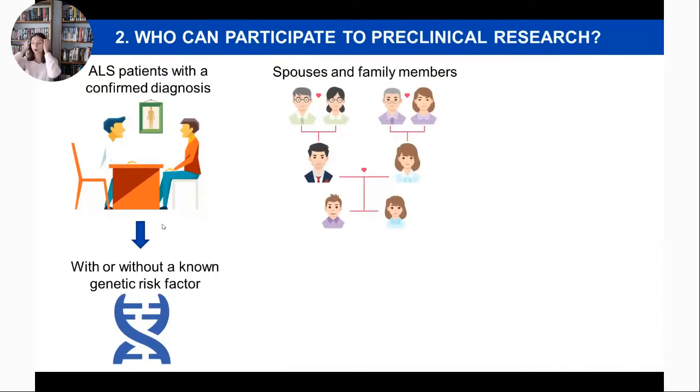You can also enroll if you're a spouse or a family member. How it works is that you can have a family member who's a blood relative with ALS or FTD. You know how FTD is highly related as well to ALS. So blood relatives that are affected as well can participate in these studies.